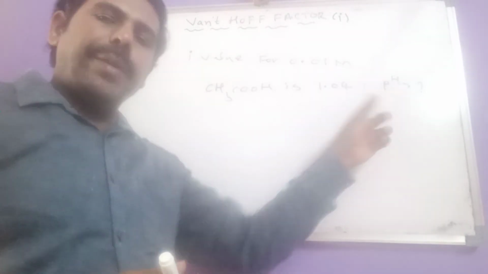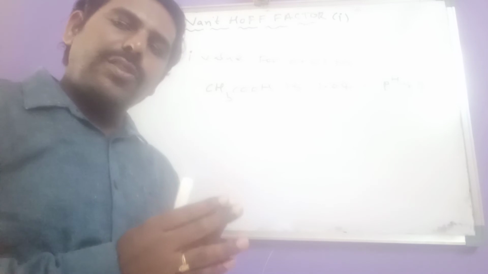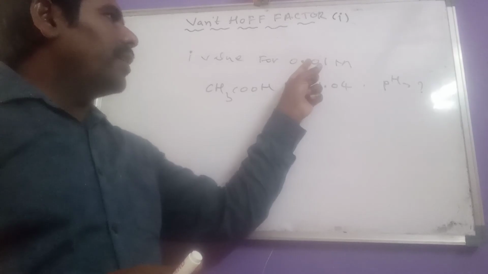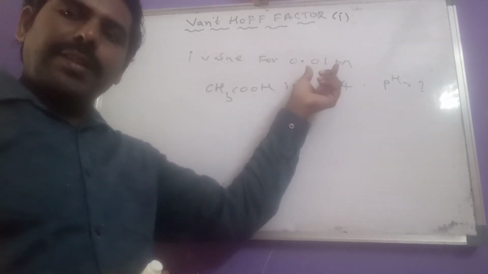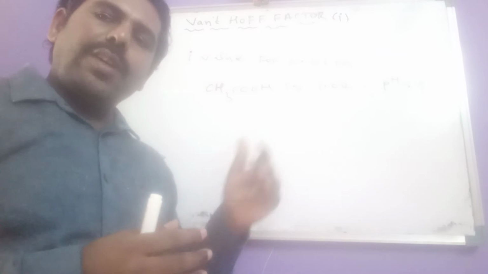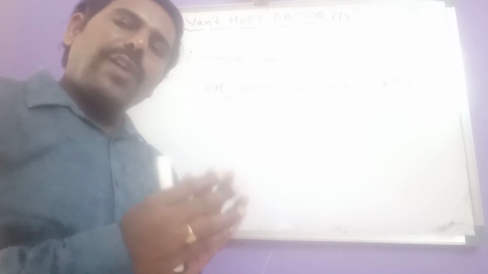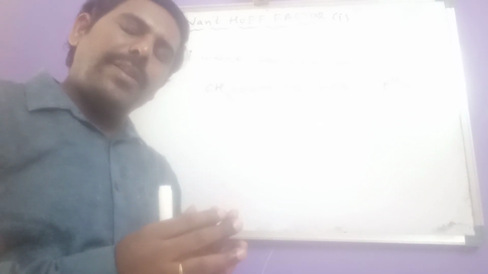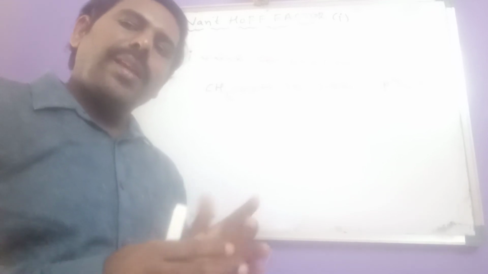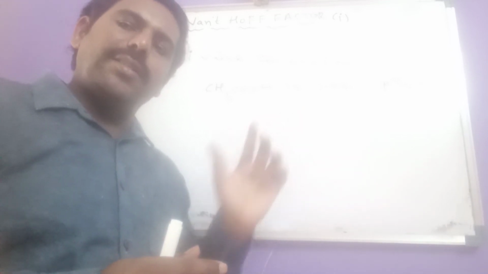So to get the pH, first one has to determine the H plus ion concentration. And here the concentration is given. But of course this is not equal to the H plus concentration, because it is a weak electrolyte. For weak electrolytes, what is the relation between the H plus concentration, the protonic concentration, and the given acid concentration?